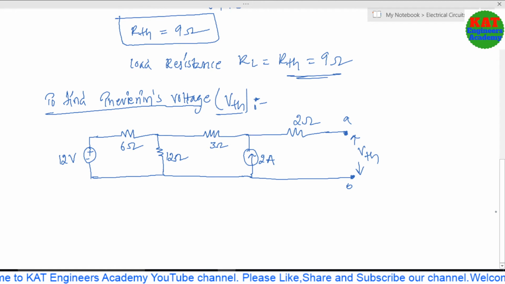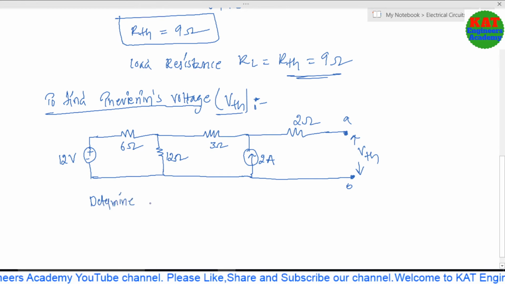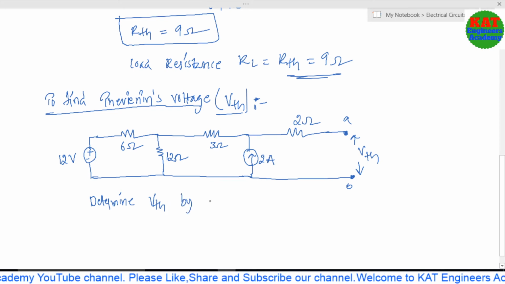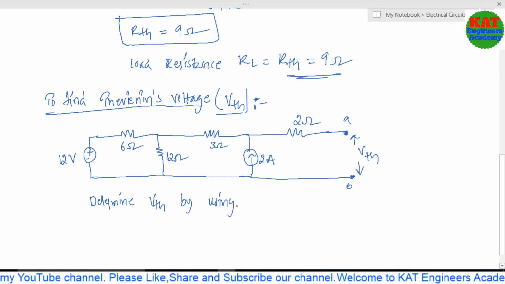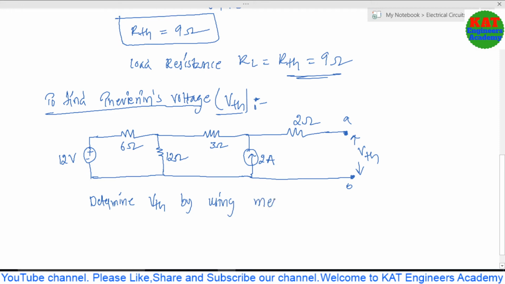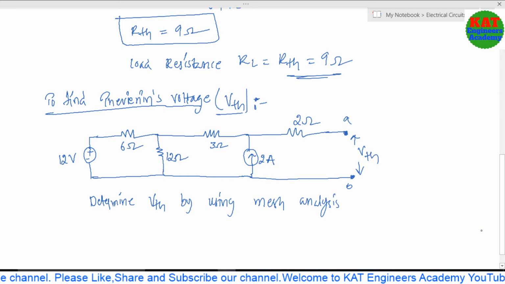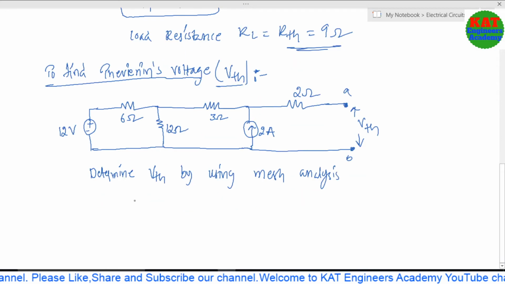So finally, determine the VTH by using mesh analysis. Here I am determining VTH using mesh analysis. The first step is you have to identify the loops.